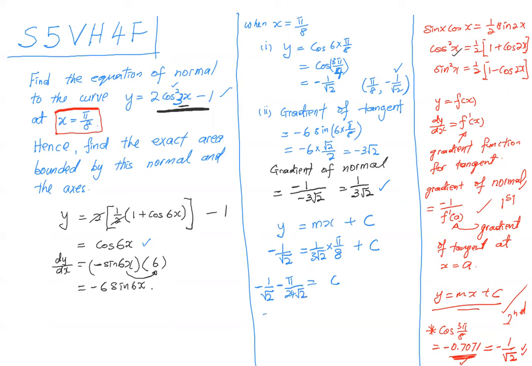So your equation of normal is y equal to mx plus, okay, your c is negative. We straight away write minus, can or not? Okay, are you clear?